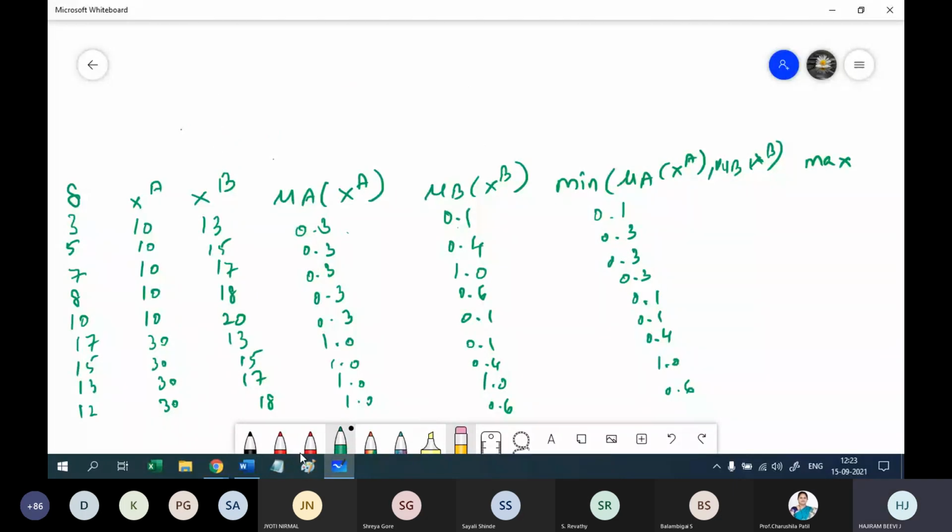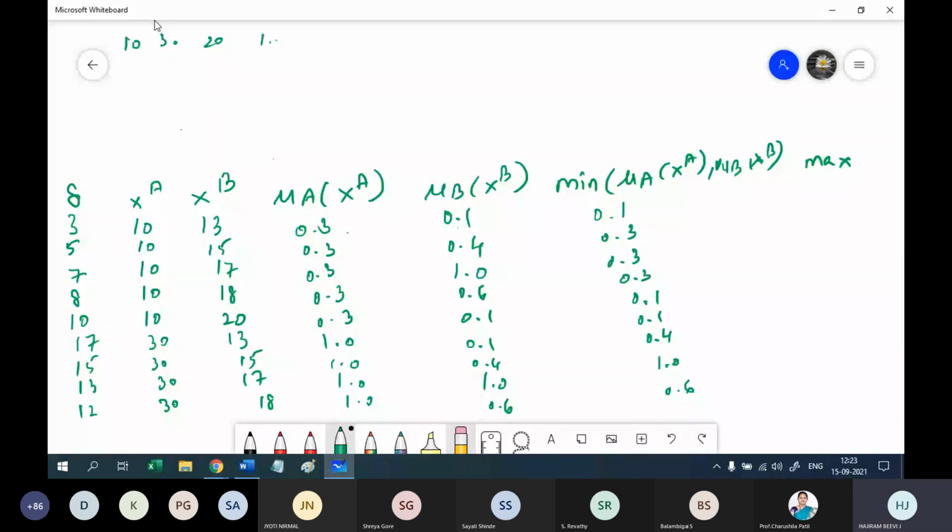After 12 we have the distance 10, which is from 30 and 20. 30 is 1.0, 20 is 0.1, the minimum is 0.1.